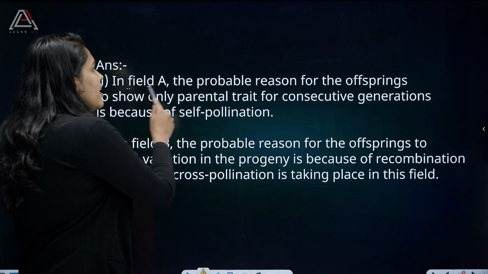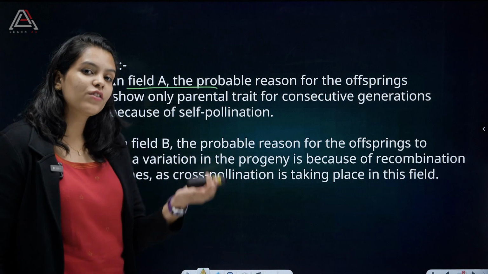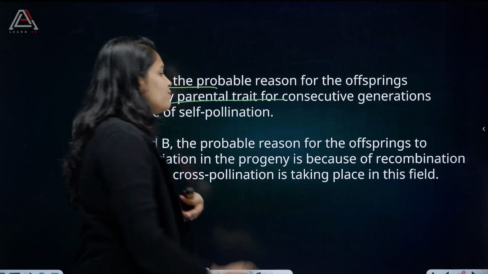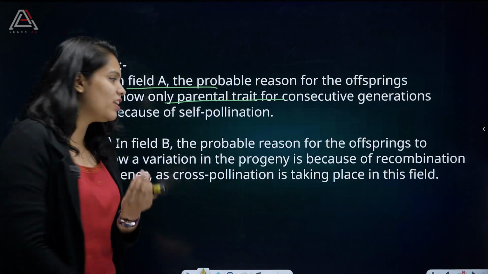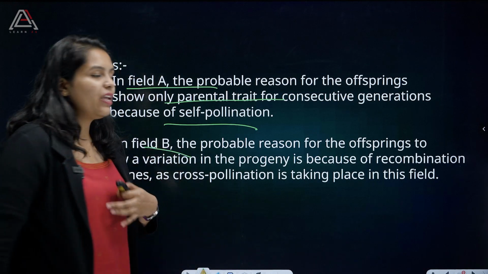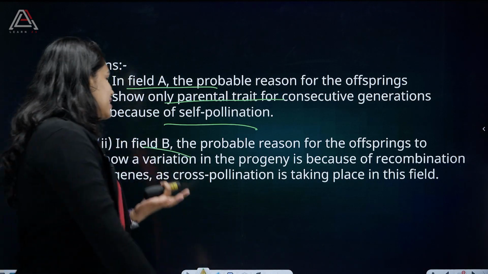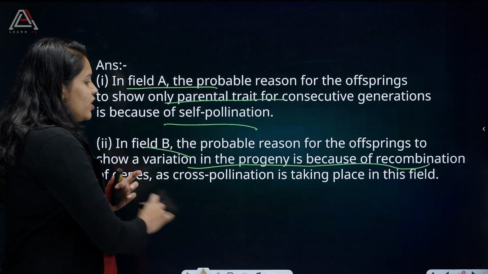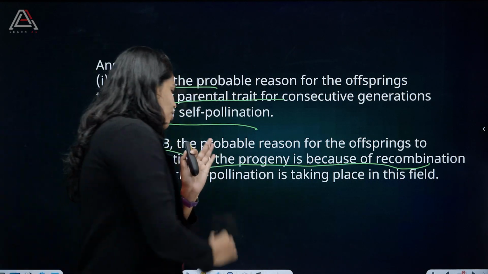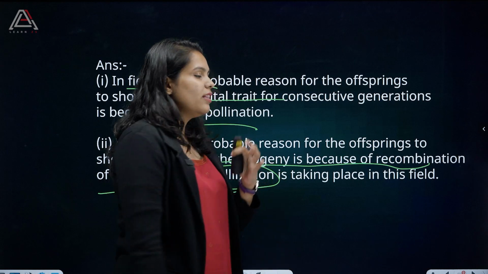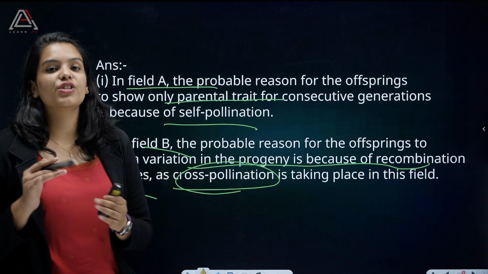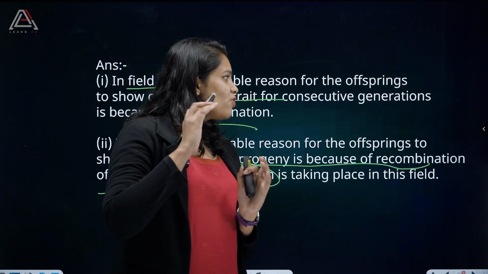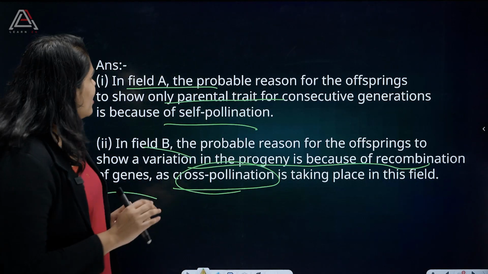In field A, the probable reason for the offspring to have the parental trait is that they are undergoing self-pollination. In field B, the probable reason is a recombination of genes, that is, through cross pollination. That is why variation is seen in field B. This is also a very direct question.